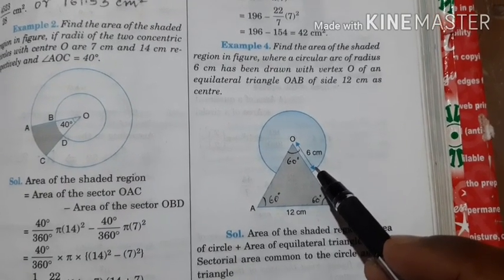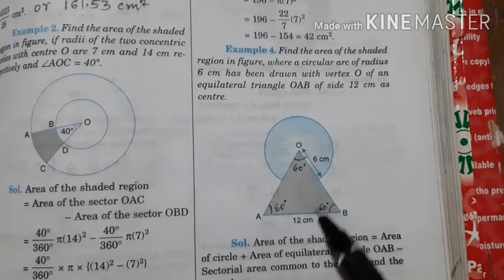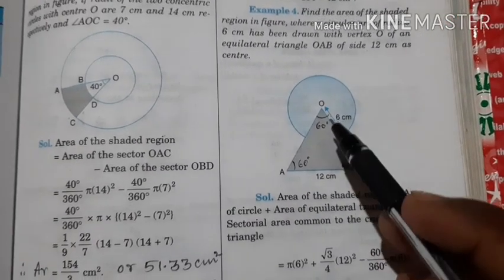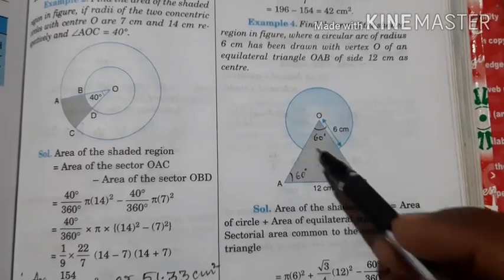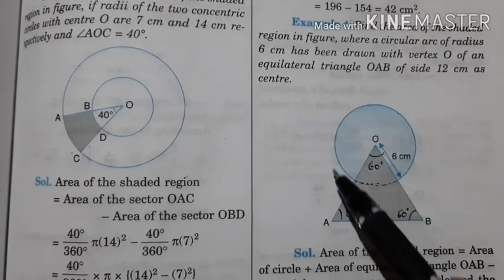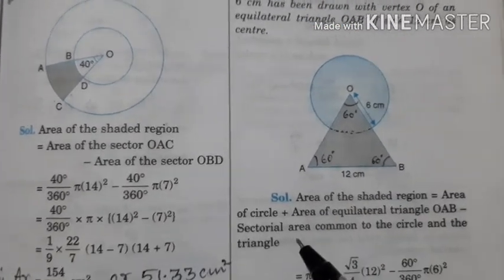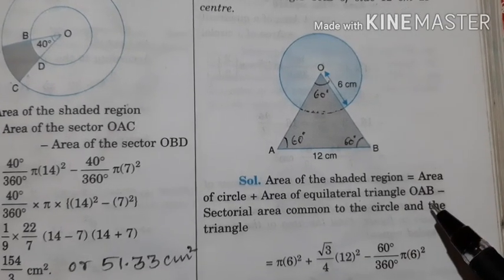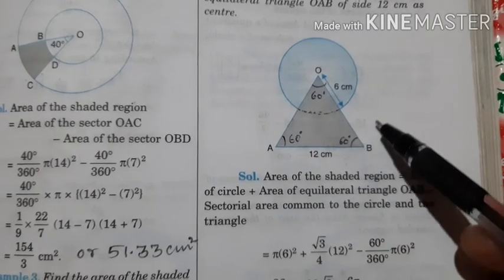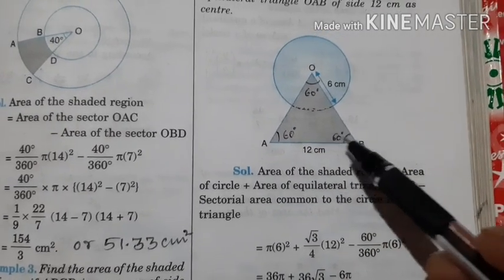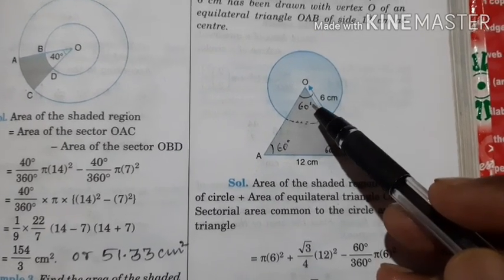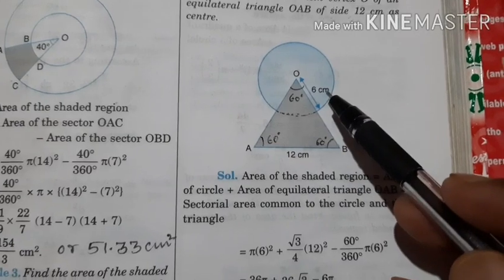This can be done. On the other hand, the area of this shaded region is equal to the area of the full circle plus the area of the full equilateral triangle OAB, then minus the area of this sector with sector angle 60 degrees and radius 6 centimeter.